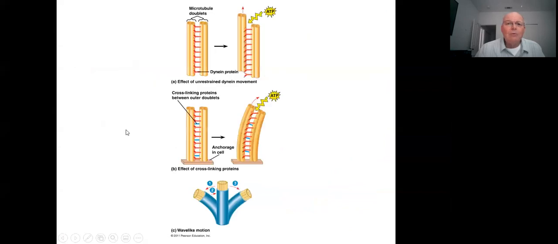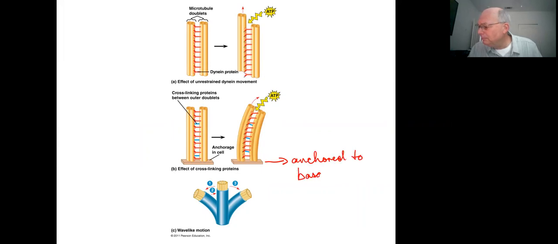When we look at how the movement takes place, the end of the cilia or flagella is anchored to the basal body. So it's actually the basal body that serves as the anchor.